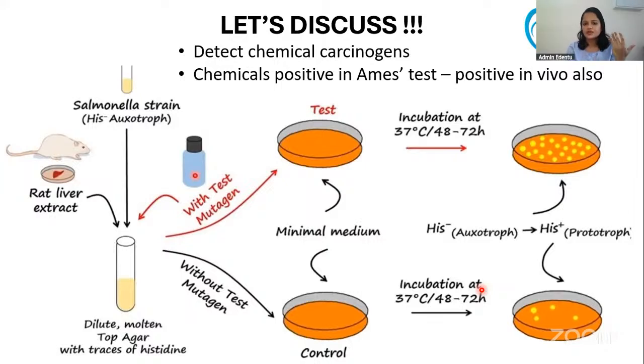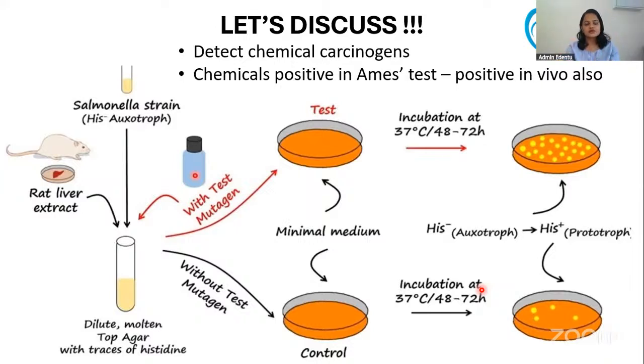We add this Salmonella strain along with rat liver extract, and we also add the carcinogen to be tested. Then we culture it at 37 degrees Celsius for 48 to 72 hours, and then we look for the results.